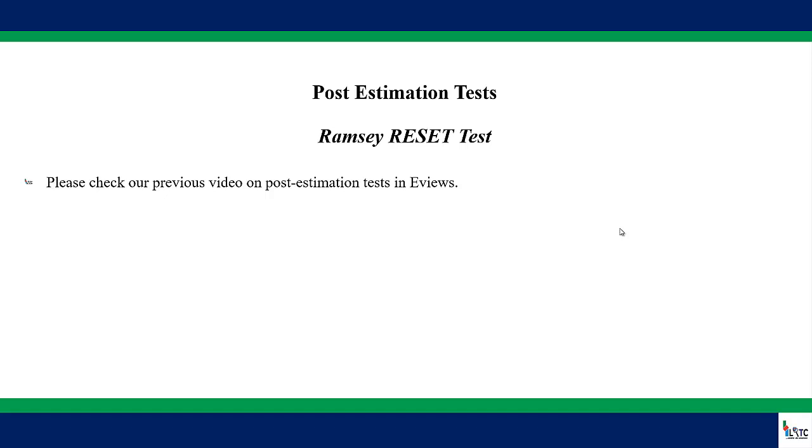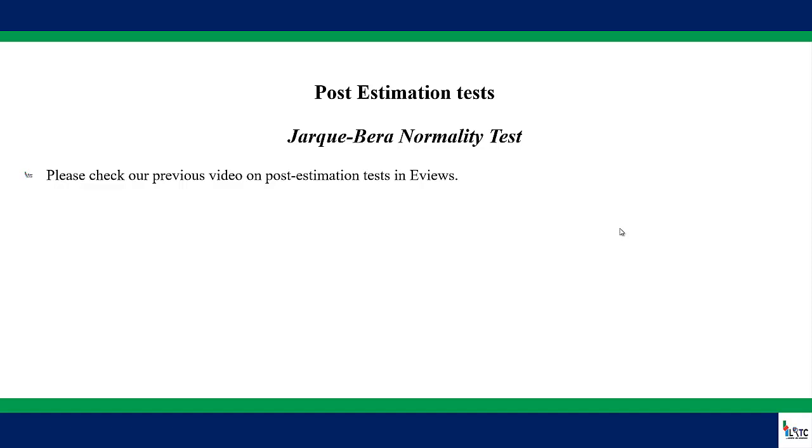The first thing you need to look at is the Ramsey RESET test, which tells you whether the model is truly linear or not. We have also done a video on how to perform the Ramsey RESET test in EViews. Please check our channel. We've provided a clear explanation of the results and what you need to do when you have issues with it. The next is the normality test.